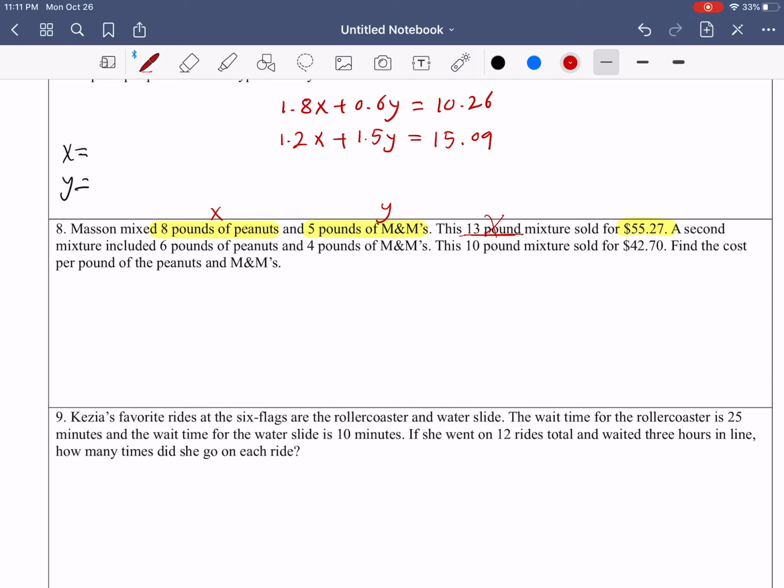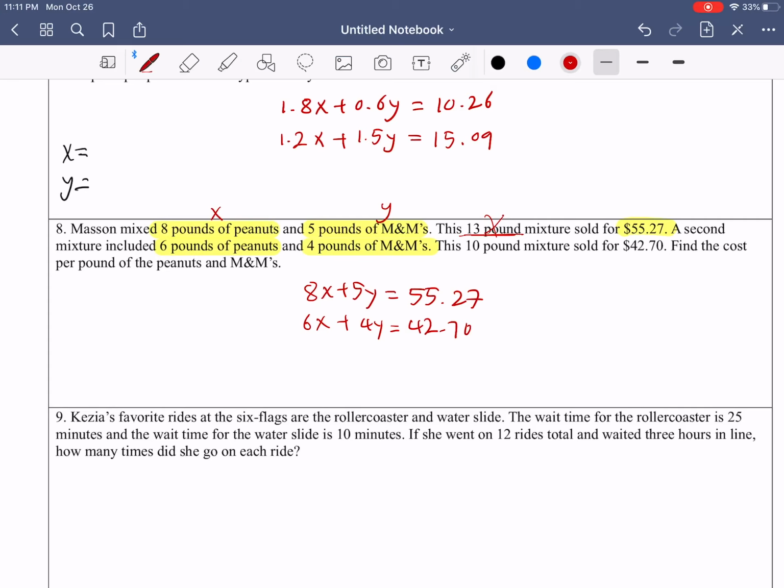8x plus 5y equals 55.27. A second mixture included what? 6 pounds of peanuts, so 6x, and 4 pounds of M&Ms, 4y. And it was what? 42.70.